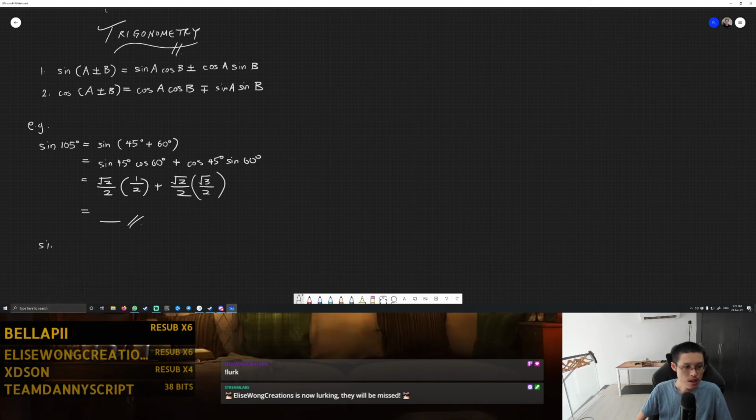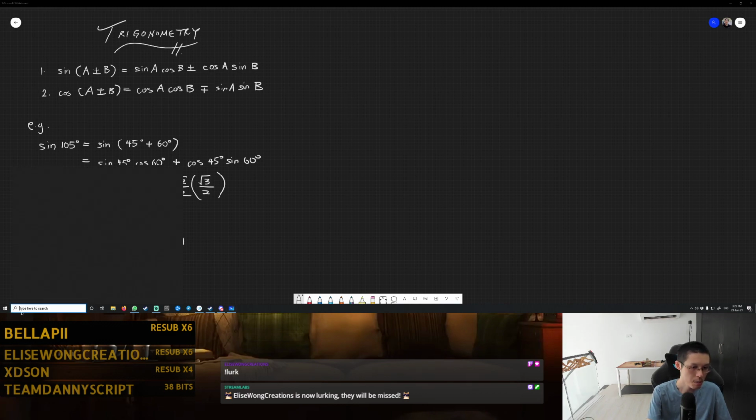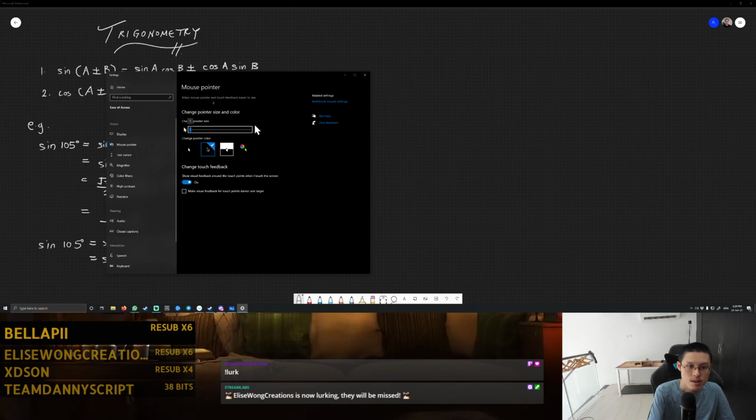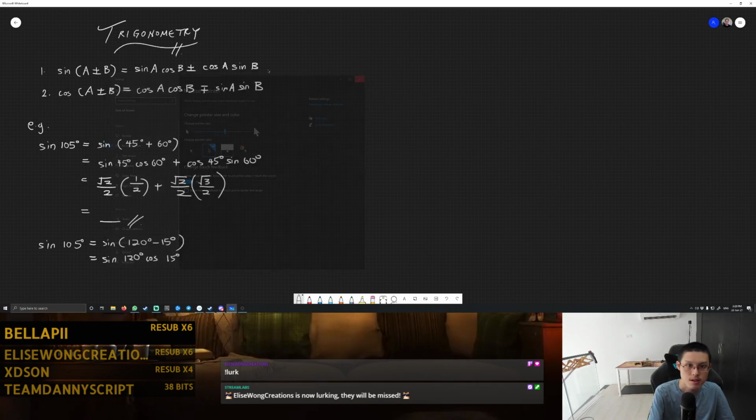Suppose you have sine 105. You can also write this as sine of 120 degrees minus 15, which means this is sine 120 cos 15 minus cos 120 sine 15. You can see the sign here is negative, so you have to follow the negative.